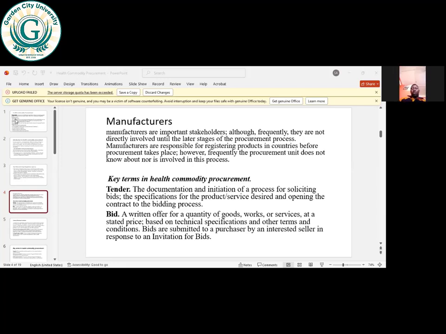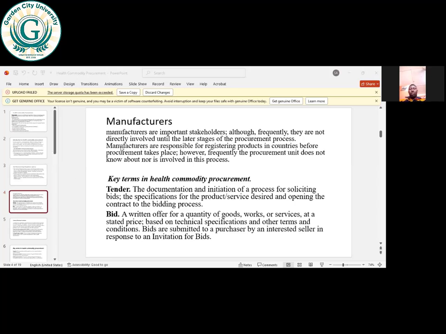It's only the manufacturer who can register their product. So the Ministry of Health, yes, the drug may be available somewhere. If it is not registered in Ghana, they cannot procure. The procurement department or unit cannot buy any drug or equipment that hasn't been registered in Ghana.